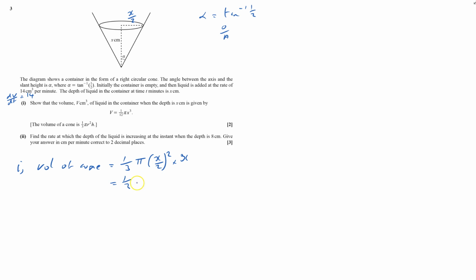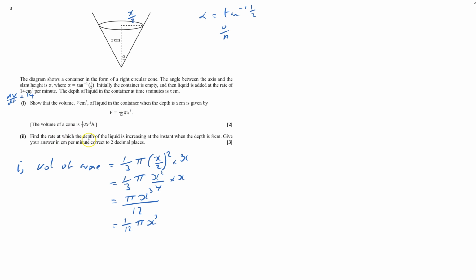That is 1/3 pi, x squared over 4 times x, and that equals pi x cubed over 12, which is what it said. Or if you really wanted to, that equals 1/12 of pi x cubed, as they've got it there.